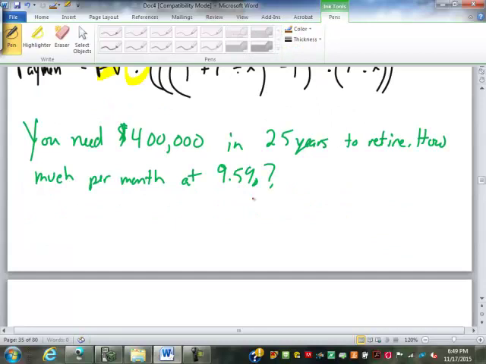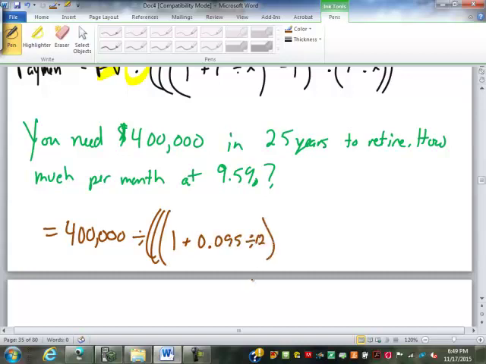So our payment is going to equal $400,000 divided by (1 plus 0.095 divided by 12, because it is monthly, to the power of 300 payments, or periods, since 25 years times 12 is 300, minus 1, close parentheses) divided by (0.095 divided by 12). Close and close.